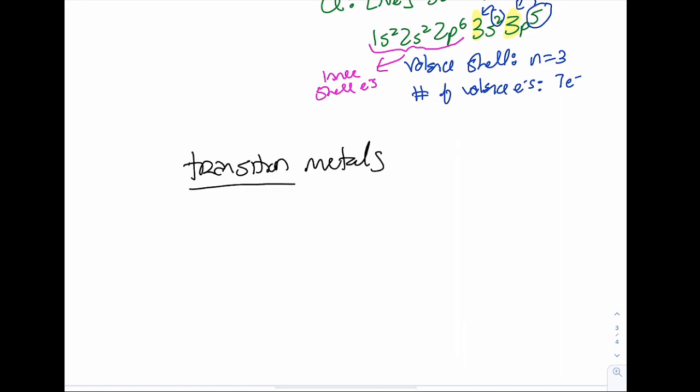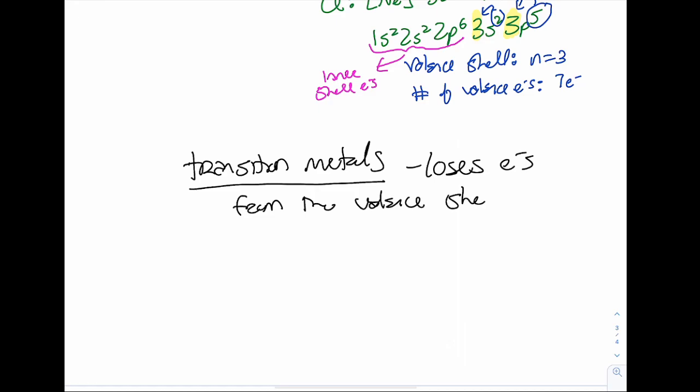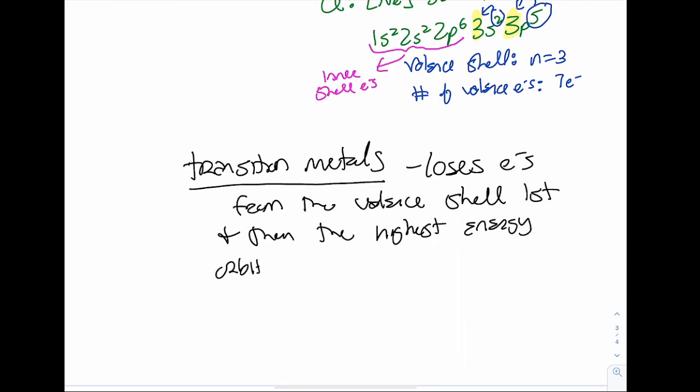So it's going to lose electrons from the valence shell first. And then the highest energy orbital if needed.